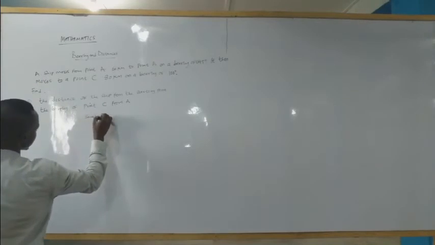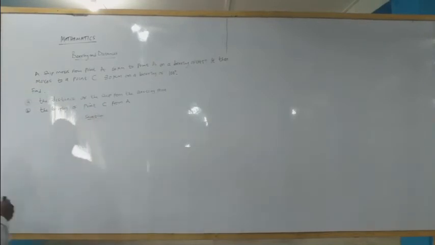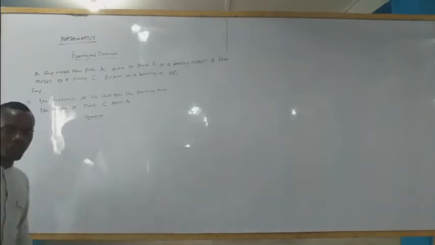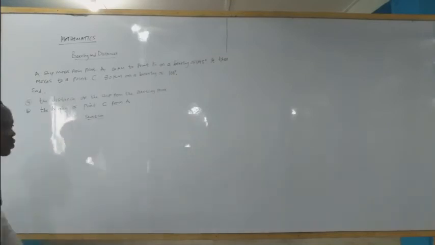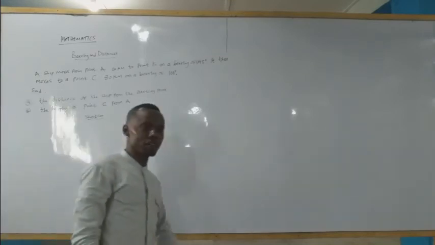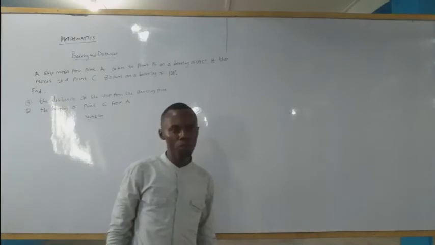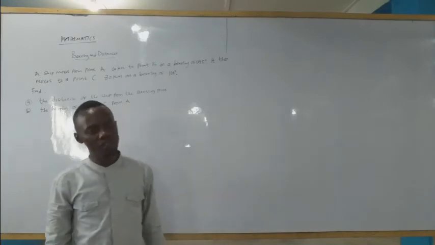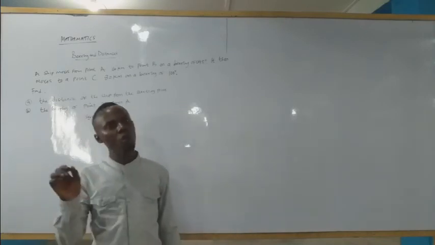solution. The ship moves from point A, 60 kilometers to point B on a bearing of 045 degrees. I told you, wherever you are starting from or wherever you're stopping, you put your coordinates.